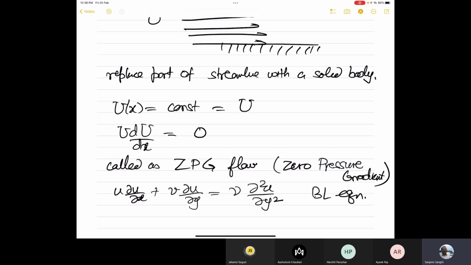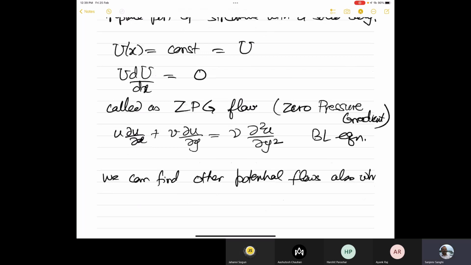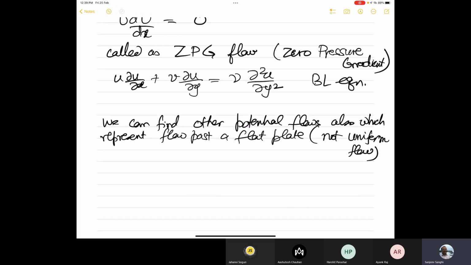Okay. Now, just now I told you we can find other potential flows also which represent flow past a flat plate. But these will not be uniform flow. That is the difference between these flows and the one described earlier.